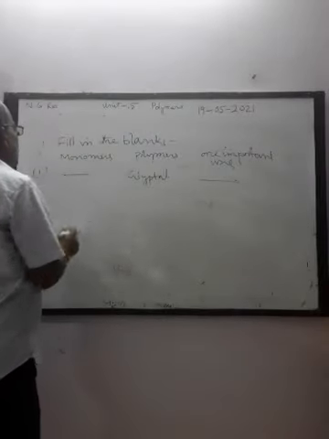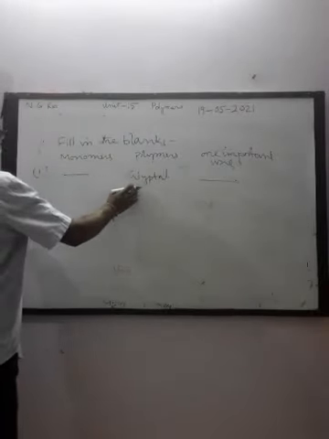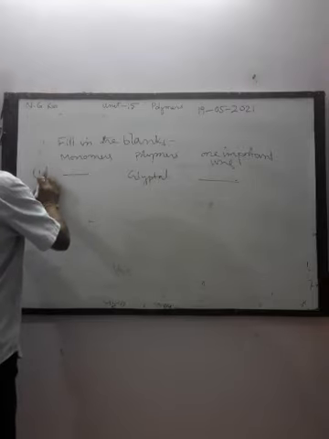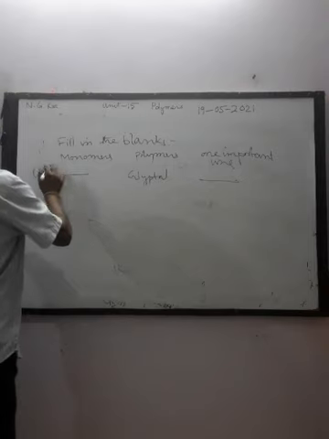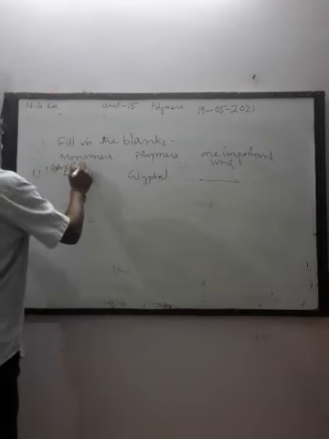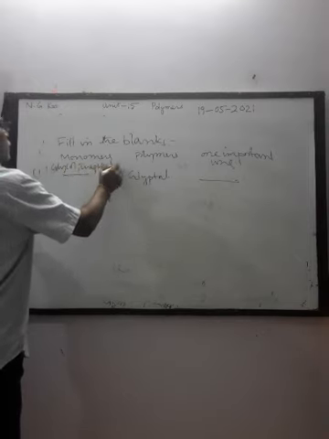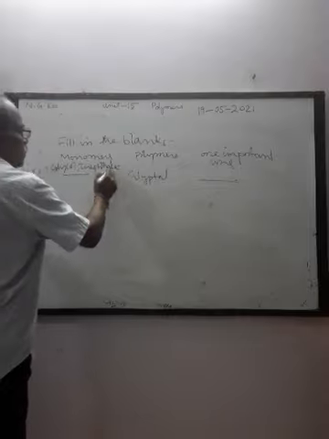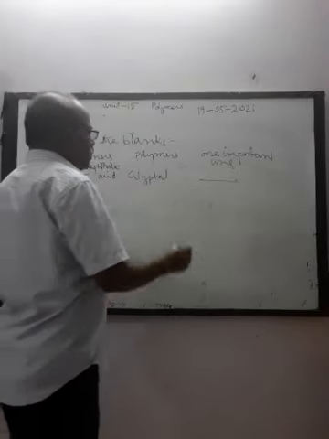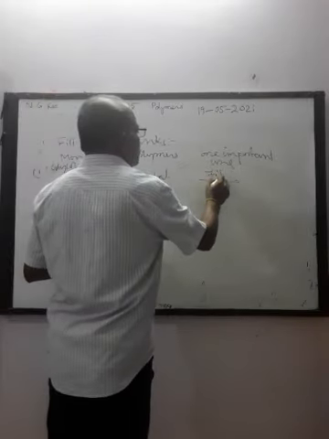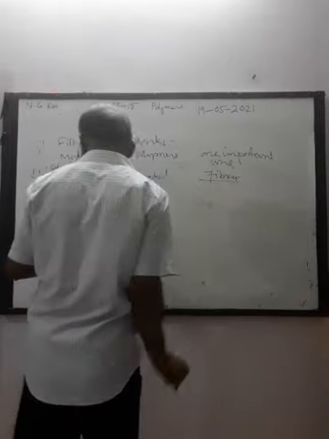The monomers of these two compounds are, number 1, ethylene glycol or simply glycol, and the other is terephthalic acid. And one important use is that it is used as fibers.